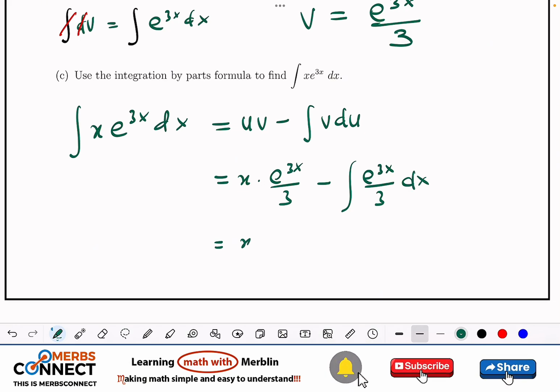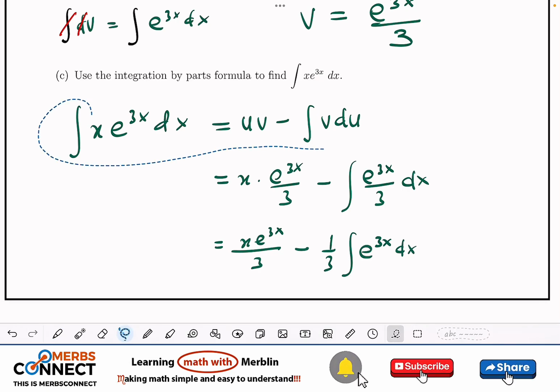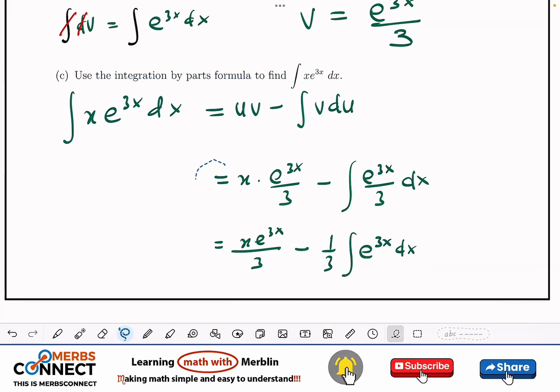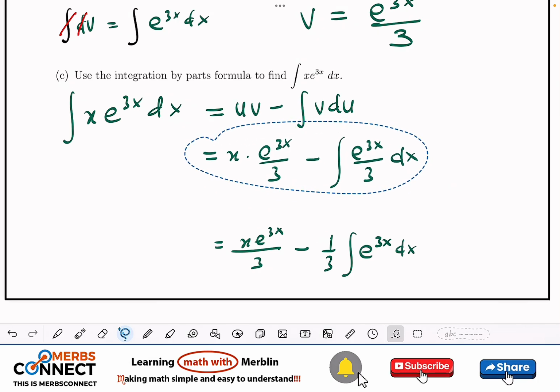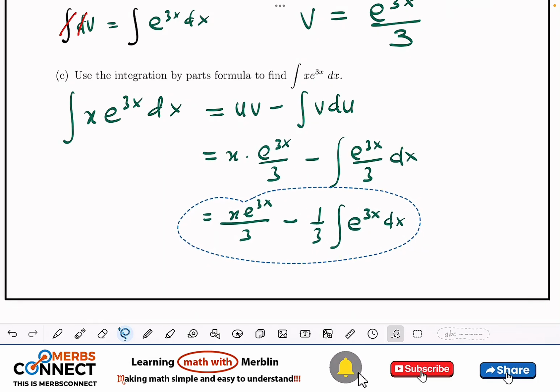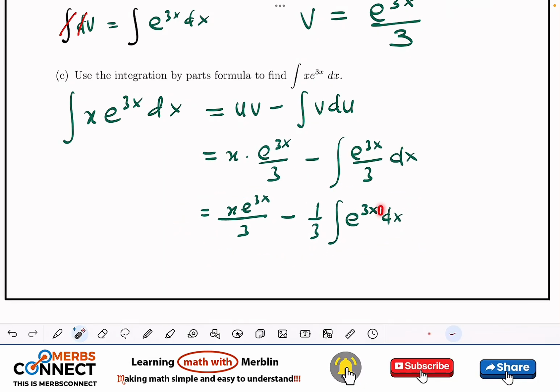This is 3e to the power 3x over 3 minus, here I can factor 1 over 3 out, and then I need to integrate this function right here. Now what is happening here? From here we can see that now we need to finally integrate this.